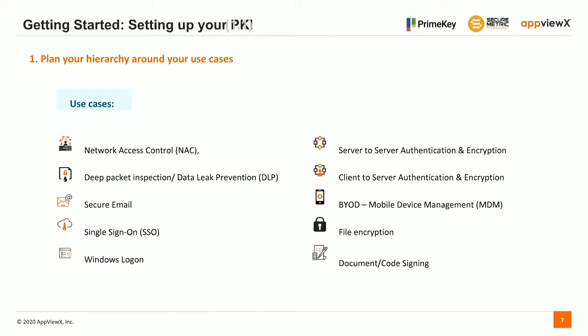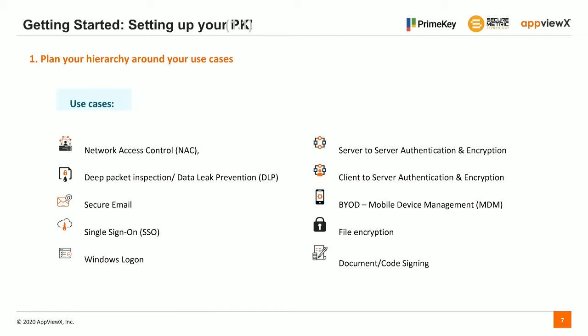The next would be single sign-on within the organization. So instead of using your username and passwords, you would probably use X509 certificates in your browsers as a means to log in to the different applications within the organization. One of the more niche use cases is actually Windows Logon.